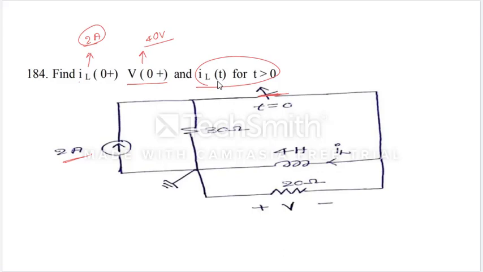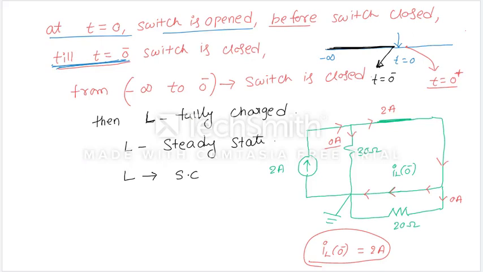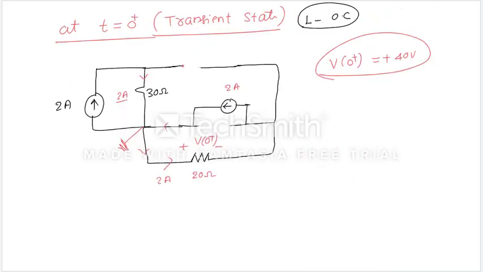Next, what else should we find? IL of t, the general expression of the current through the inductor. Previously we got IL of 0 minus as 2. How much is IL of 0 plus? 2 only.